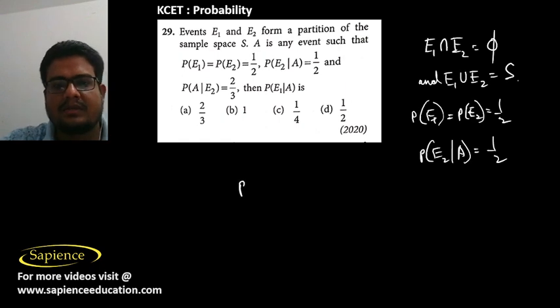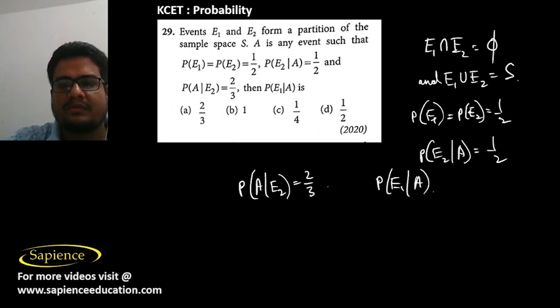P of A given E2 is equal to 2 by 3. Then P of E1 given A, that we have to find.